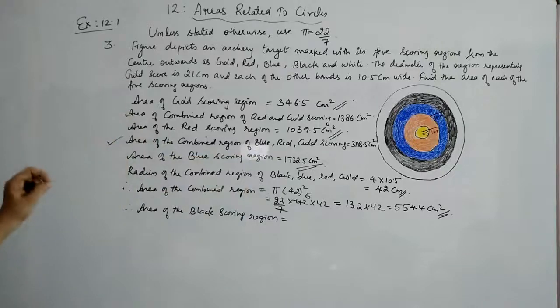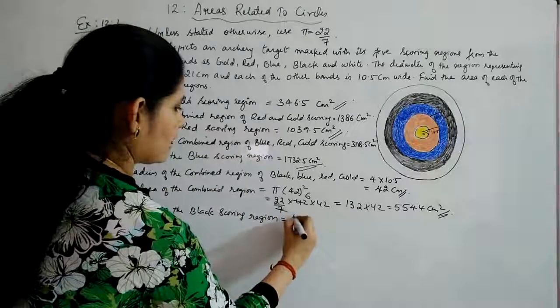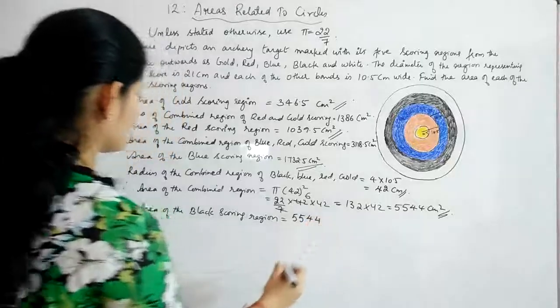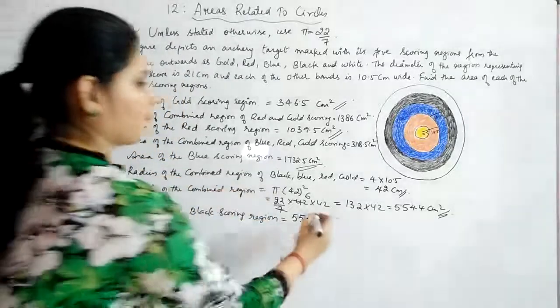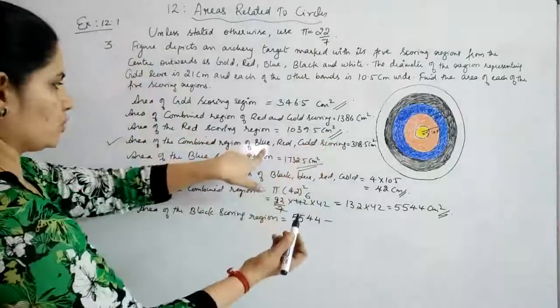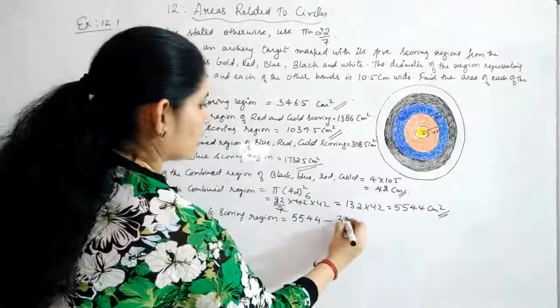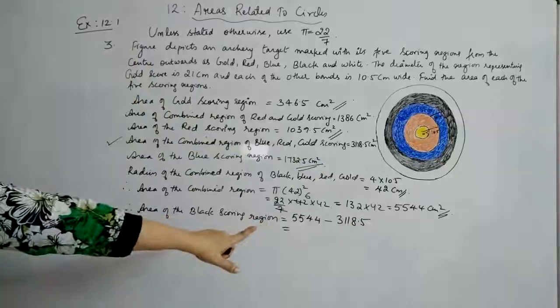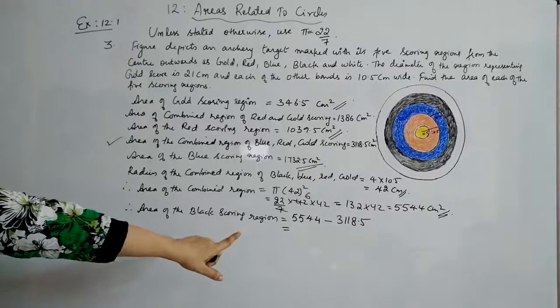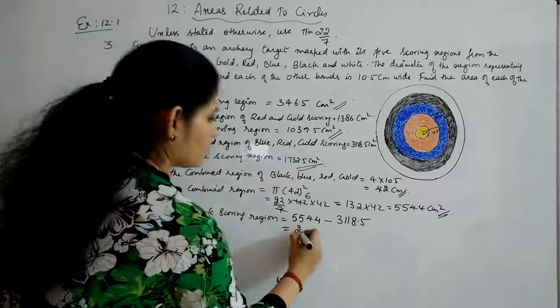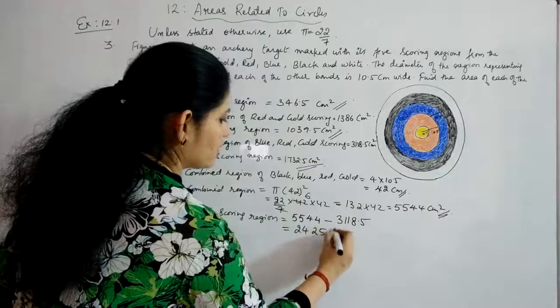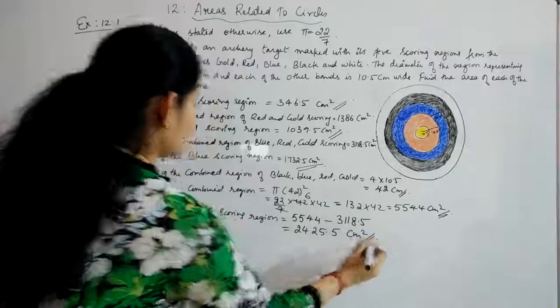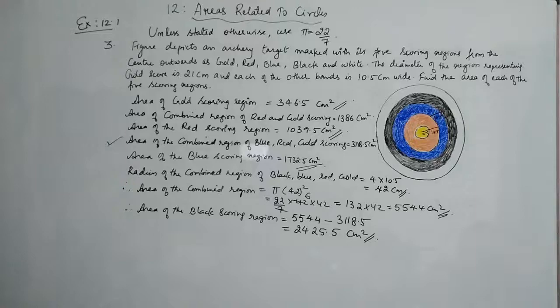So you will get 5544, which is the combined till black, minus the combined till blue, that is 3118.5. The subtraction gives you the value 2425.5 centimeter squares. So this is the area of the black scoring region.